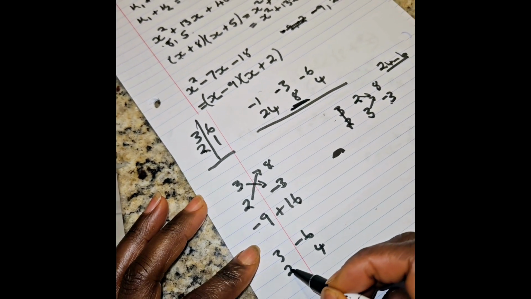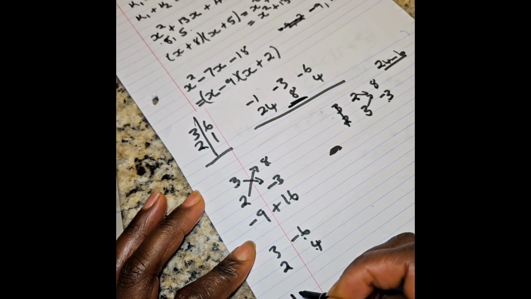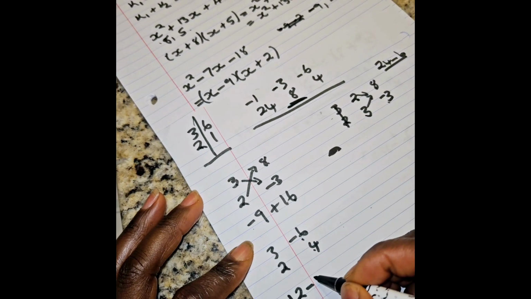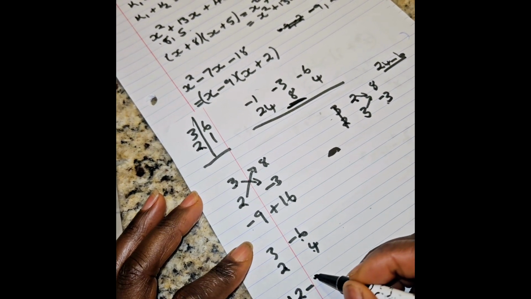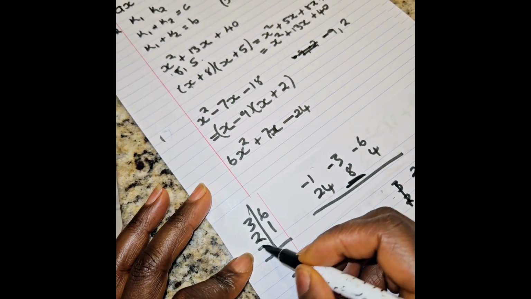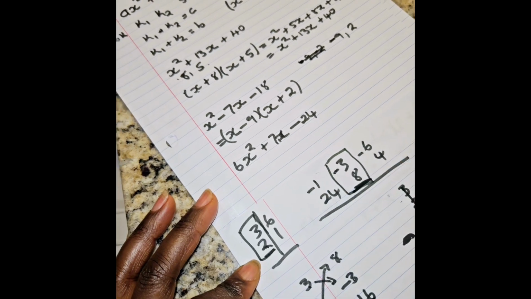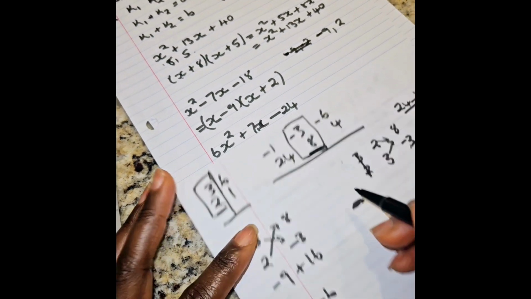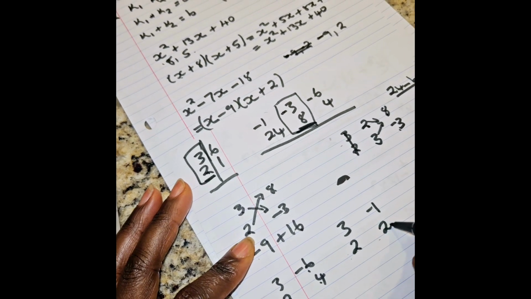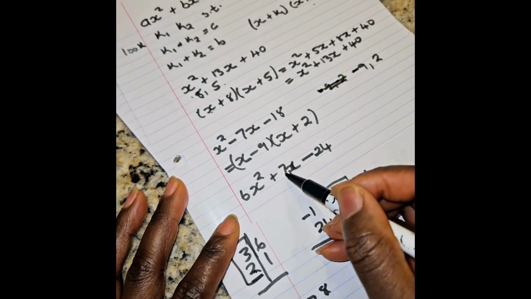If I do 3 times 2, 3 times 4, it will give me 12 minus 2 times negative 6 will give me 12. So it will not give me 7. See, that's why I picked to write it like this, and I picked this. Or if I pick 3, 2, and negative 1, 24, if I did the math, it will not give me this 7.